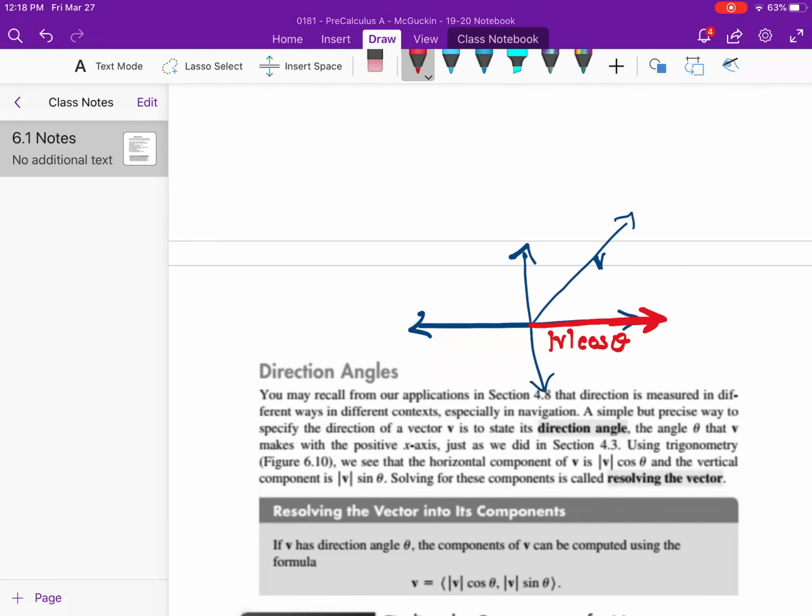Where is theta going to be? Theta is the angle that is created between the vector and the horizontal component.